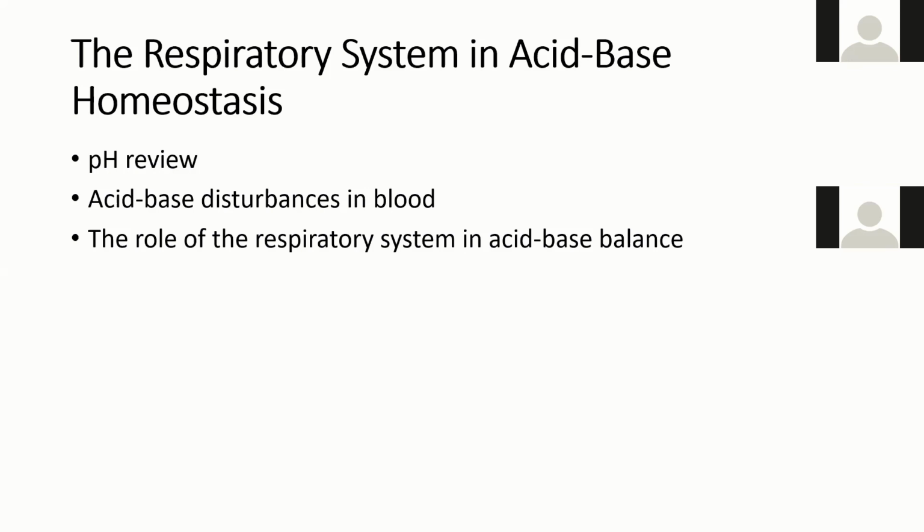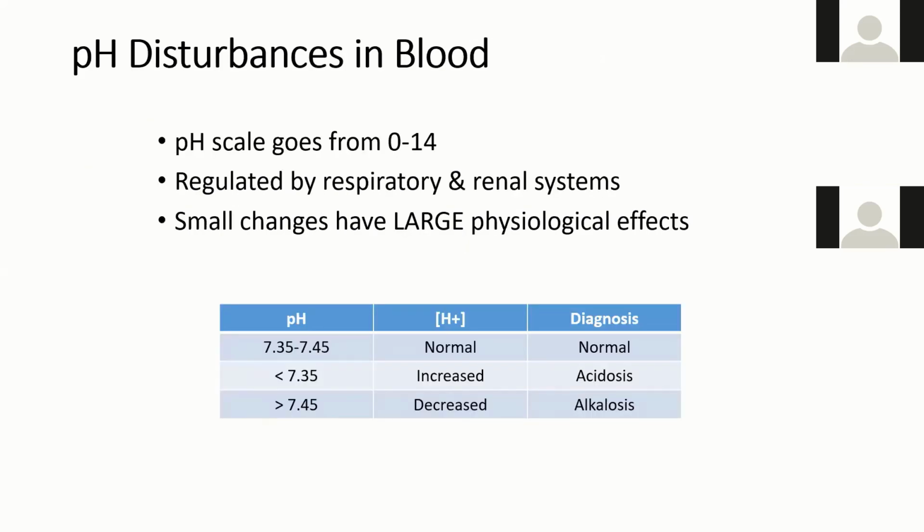So we're going to look at a brief review of pH, the pH scale, and what pH means, and then we're going to talk about how the acid-base balance can get disturbed in the blood, so how blood can become too acidic or too basic, too alkaline. And we're going to think first about the role of the respiratory system in that balance before we get to the kidneys.